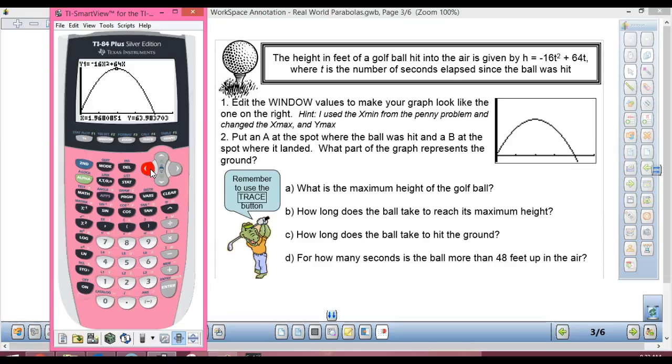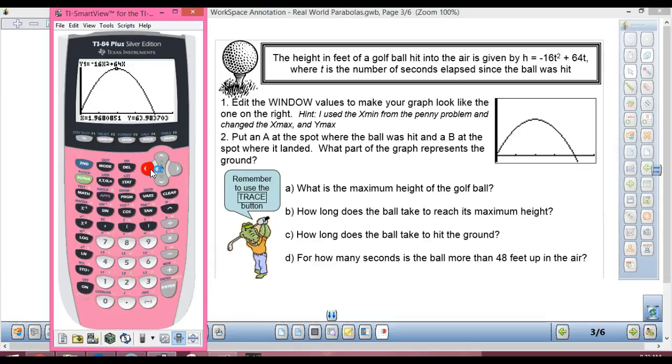All right, so our height was at 64, how long does it take it to reach that height? About 2 seconds, yep. And what were you looking at to find that 2 seconds? The x, yep. Okay, and then we're checking to see how long it took it to hit the ground, right?